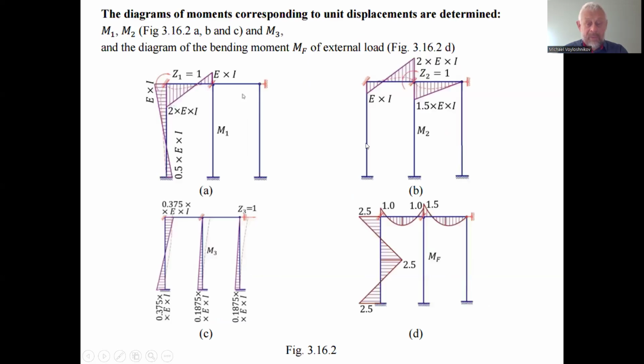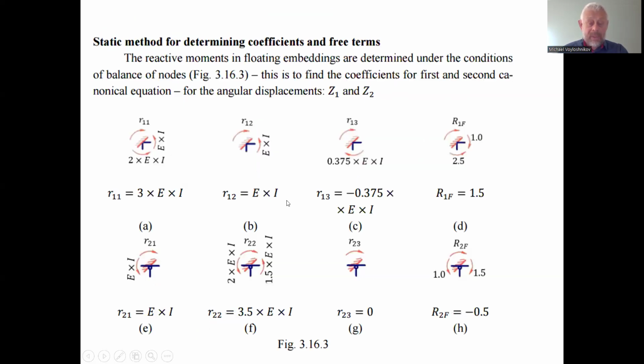So the diagram has to be for the second case, assuming angular displacement of the sliding embedding. But we have to consider the left-hand magnitudes. So we have R12, the effort arising. Actually, the effort, the moment, is equal to E product by I. It's not so important to consider this.